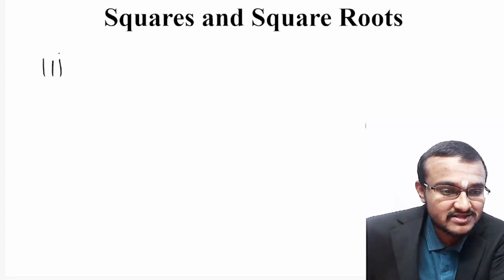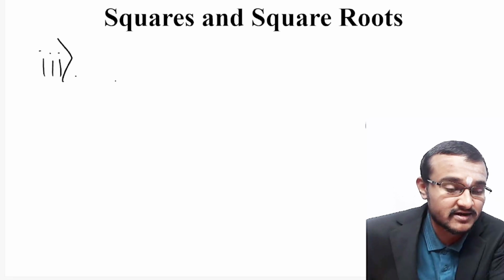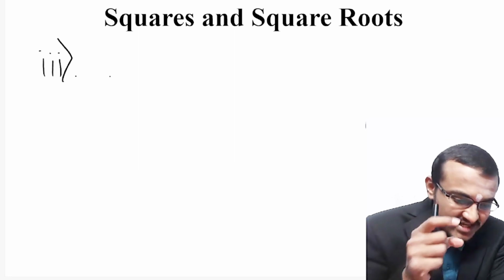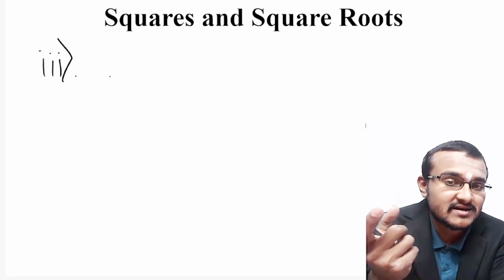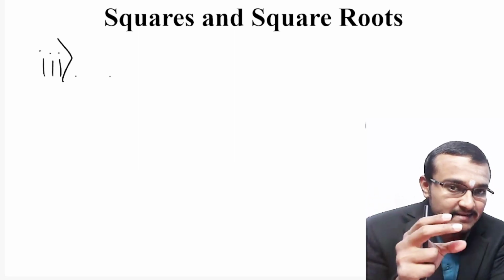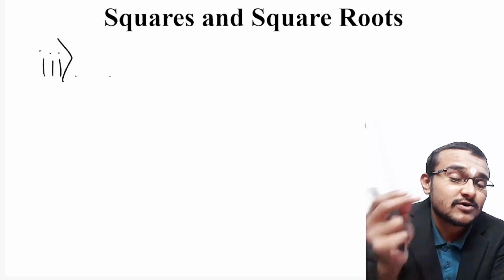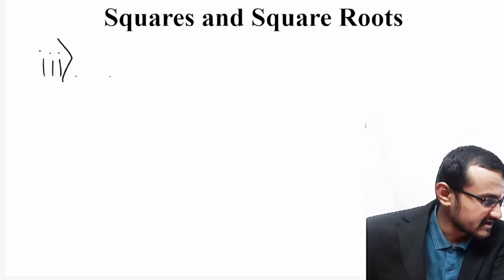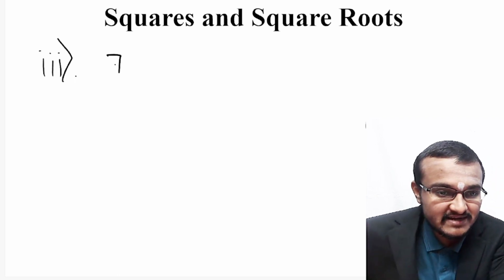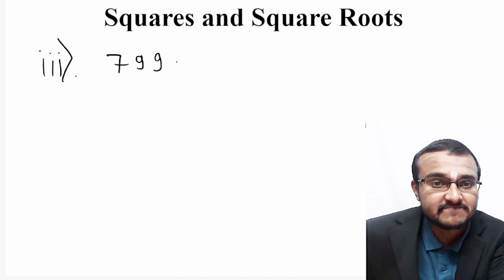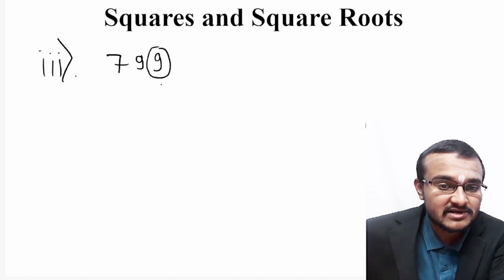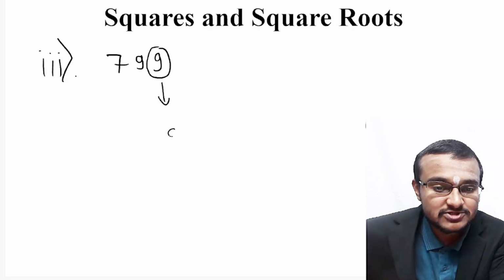Similarly, coming to the third question. For any number, you just do the square of the ending digit, and that will be the unit place in that square number. For example, the third problem is 799. You can take the square of the ending digit. 799 is ending with 9. So what is 9 square? 9 square is 81.